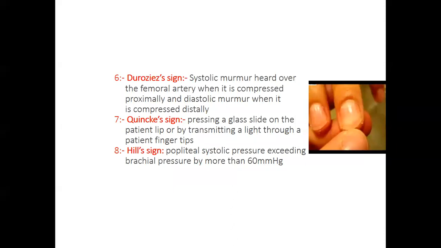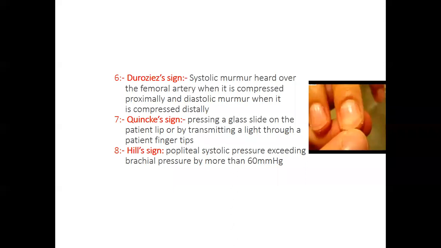If you take the popliteal pressure and the brachial pressure with your BP apparatus and compare both, and the pressure in the popliteal artery exceeds the brachial pressure by more than 60 millimeters of mercury, then we label this patient as having a positive Hill's sign. Normally there is a slightly increased blood pressure in the popliteal artery compared with the brachial or radial artery.